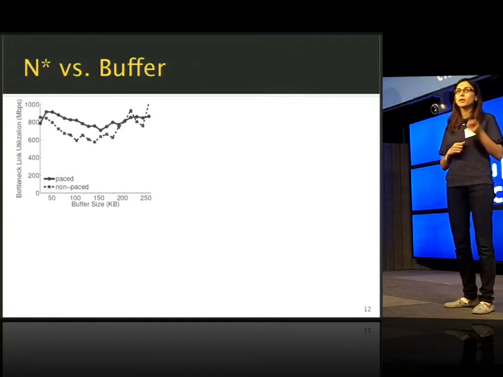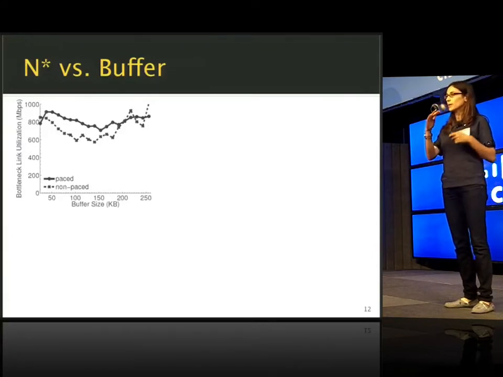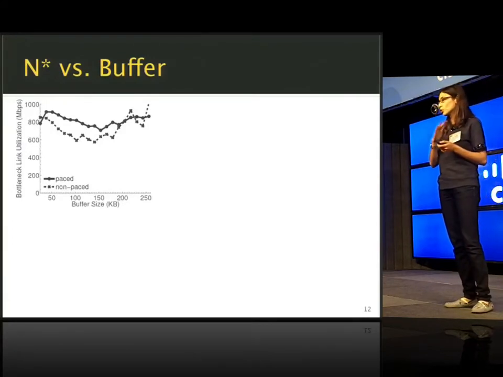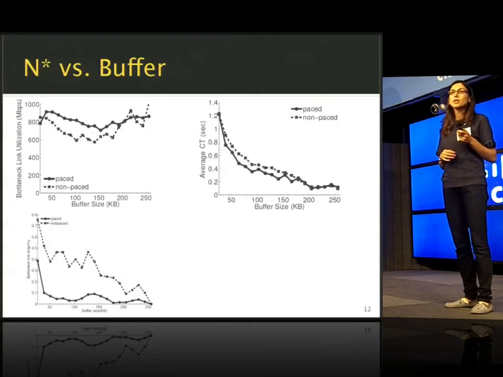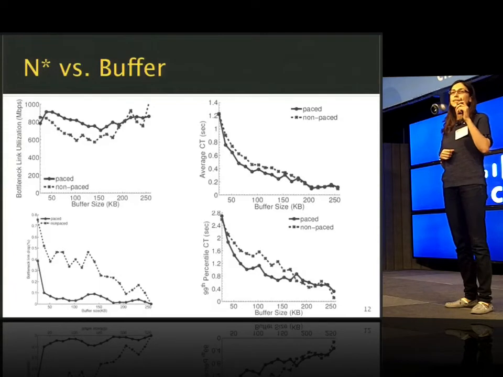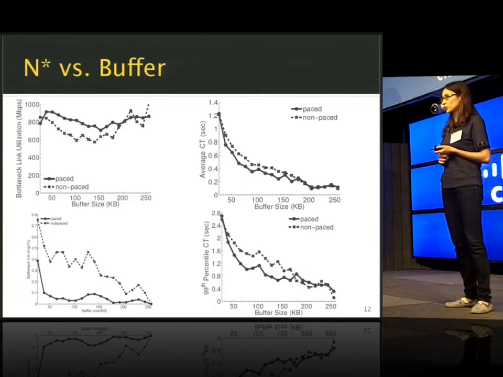And then I'm comparing the bottleneck link utilization. As you can see, pacing is still a little better, but things might get worse as we go beyond that. Similarly, we see the same trend for average flow completion time and tail flow completion times.